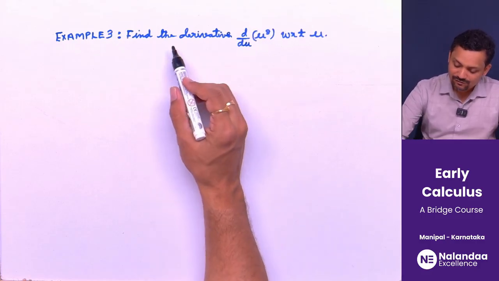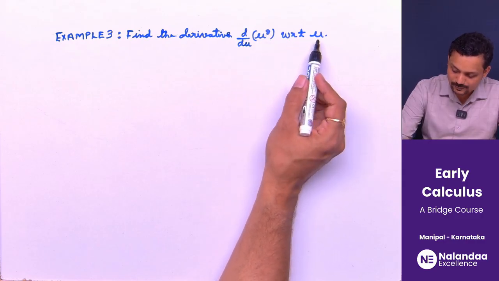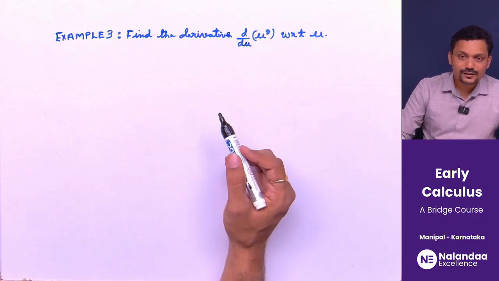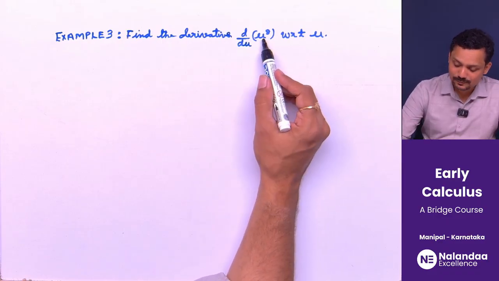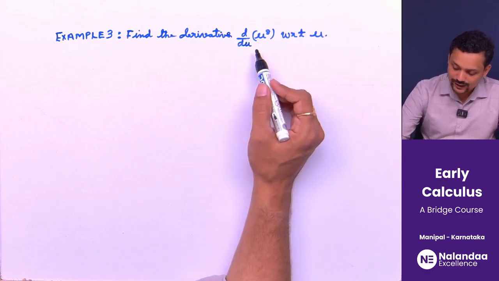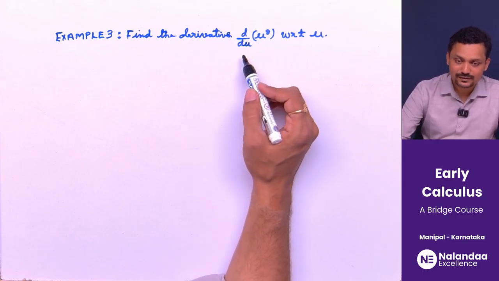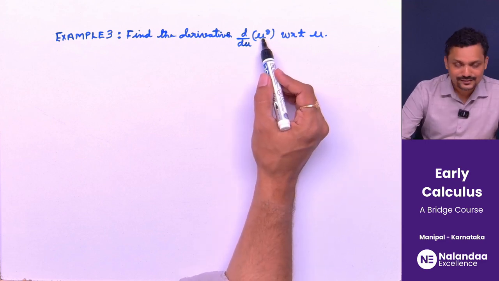Example 3. Find the derivative d by du of u power 8 with respect to u. So you can notice a very small difference, that is the variable x is replaced by variable u. So that does not matter. We carry out the same differentiation formula by taking x as u.